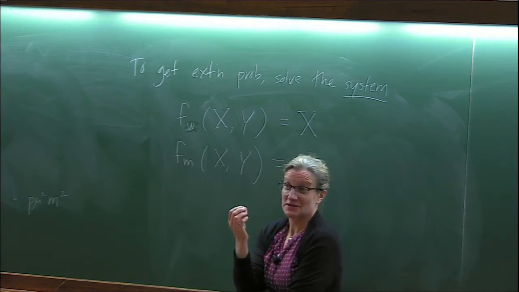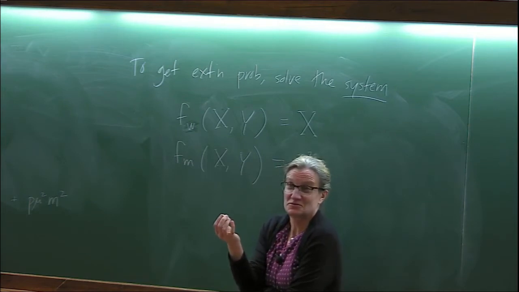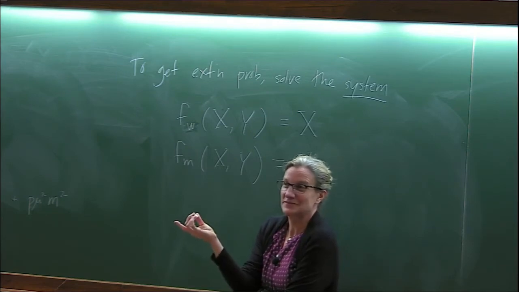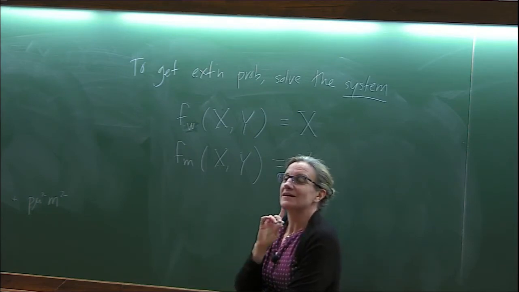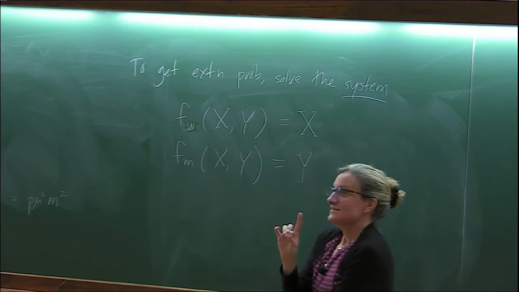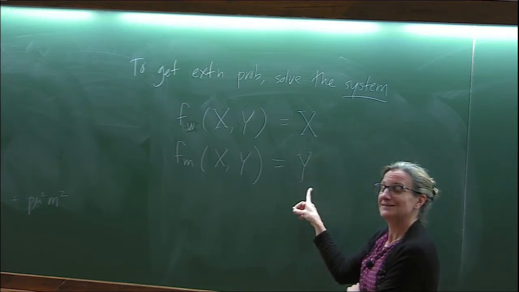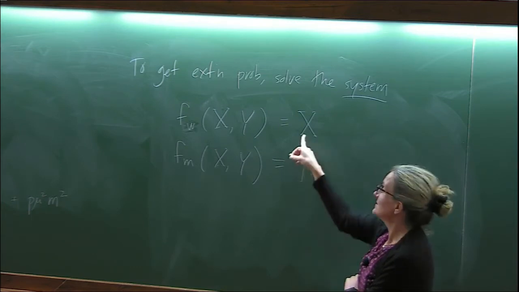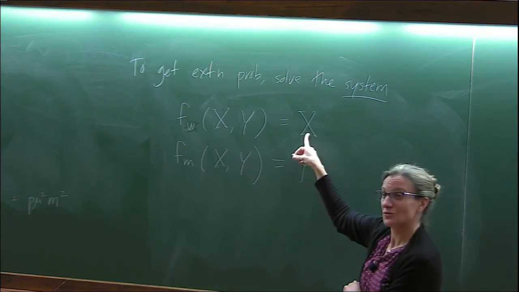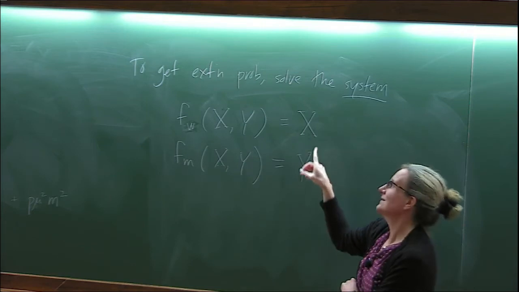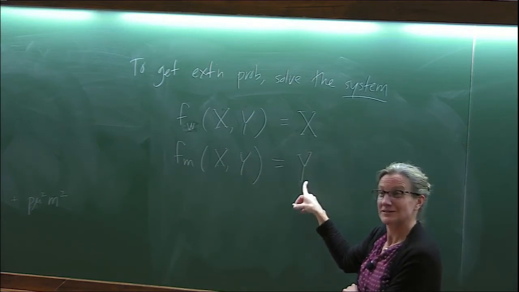You'd think it might be the wild type, but it could be the mutant. Wouldn't be that interesting to study. Does that give you a clue to what these might mean? Yeah. So this is the extinction probability if we start with a single mutant. And this is the extinction probability if we start with a single wild type.